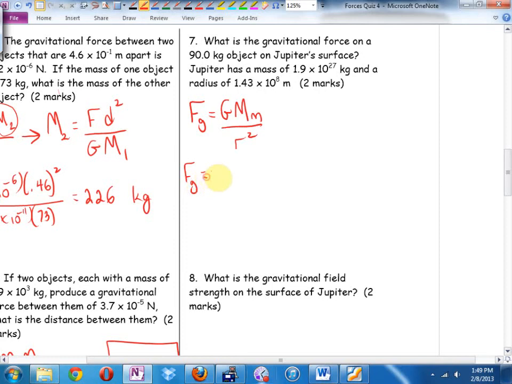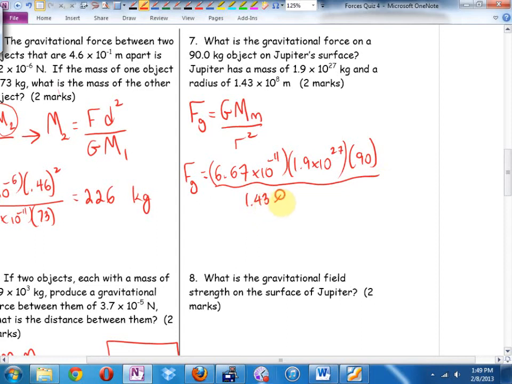The force of gravity is going to be universal. Mass of Jupiter, 1.9 times 10 to the 27th, which is accurate. I looked it up. Divided by the radius of 1.43 times 10 to the 8th squared.